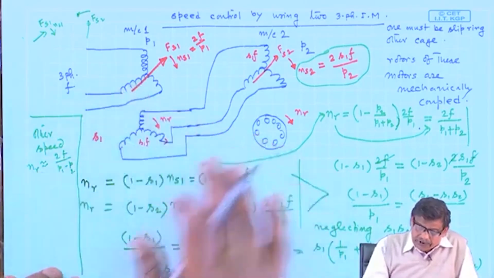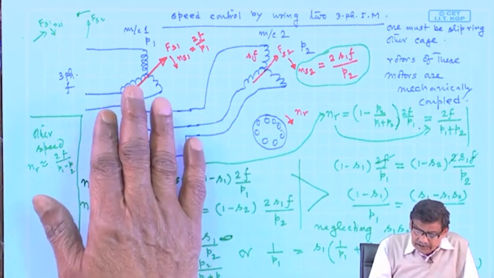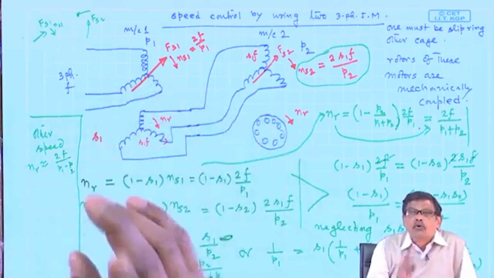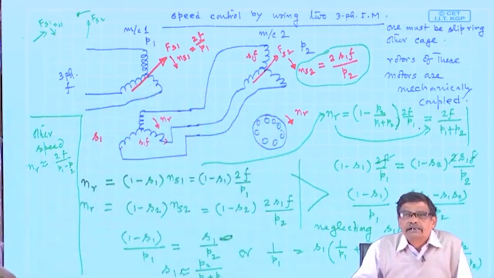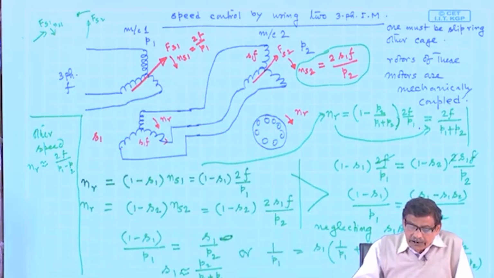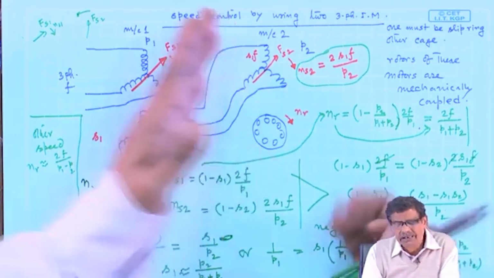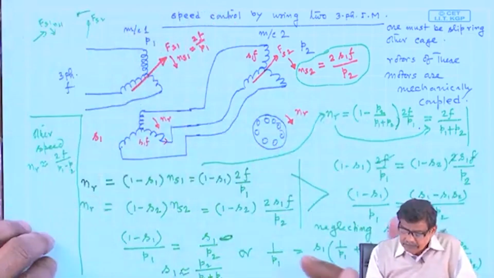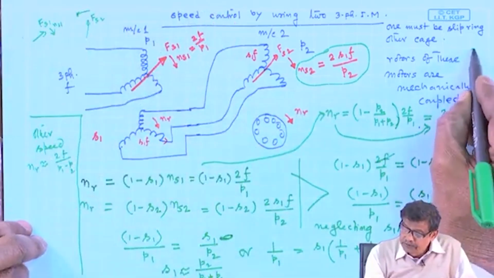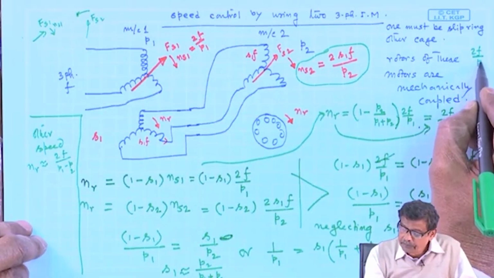Therefore, it looks like I can get 4 discrete levels of speeds. One is you only run this machine alone, second machine it is coupled, let it be there, then you can get a speed of 2f/p1.